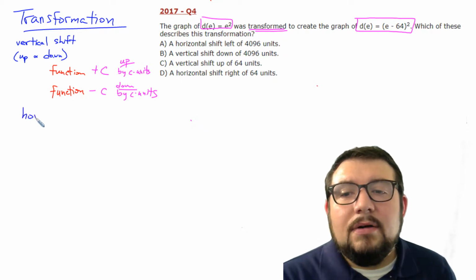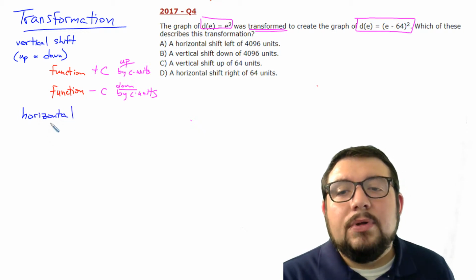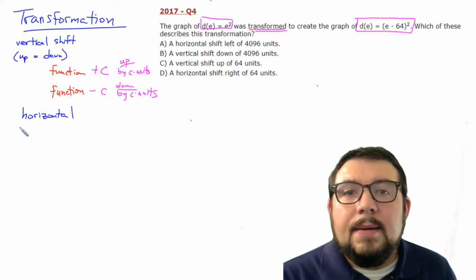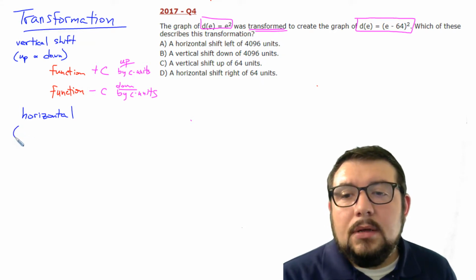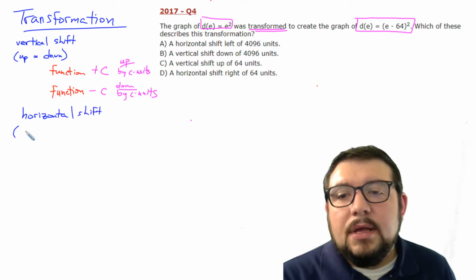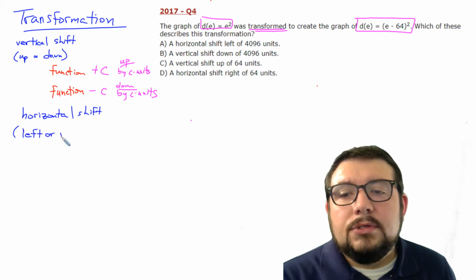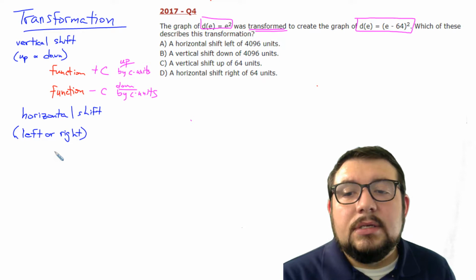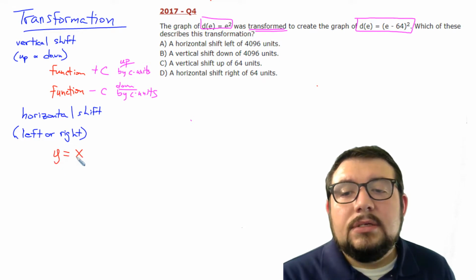Now horizontal. Now horizontal is a little bit trickier, but it's not that hard, and I'll show it with an example instead of just writing the word function. Okay? Here, I'm going to take horizontal shift, of course. A horizontal shift means that we're moving to the left or to the right. Okay, and what is that? Well, let's say I have a function that looks like this, y equals x squared.